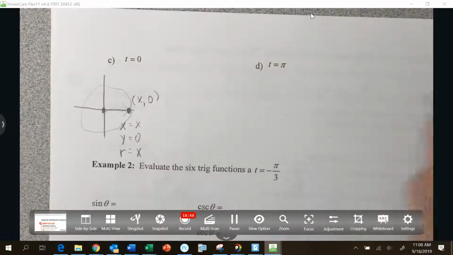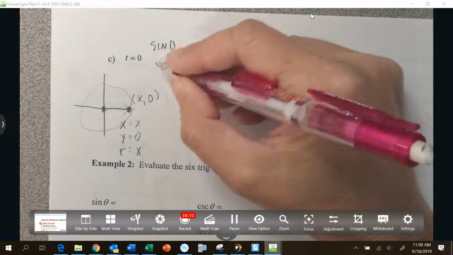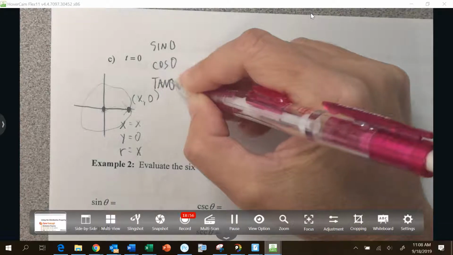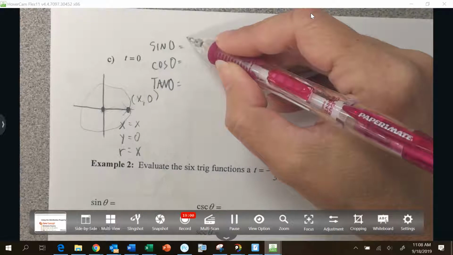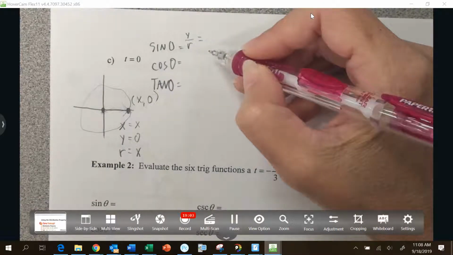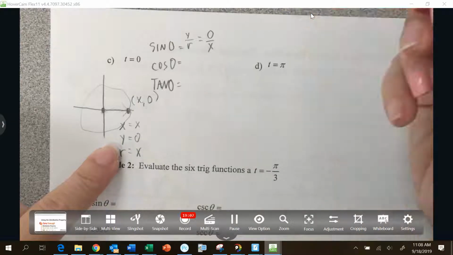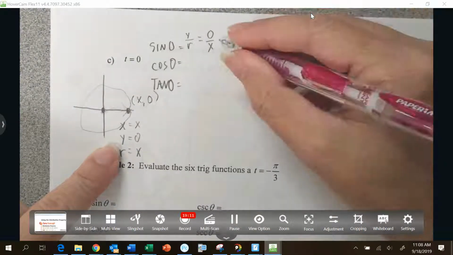I don't know. So when we go to do sine of 0, and we go to do cosine of 0, and we go to do tangent of 0, sine is y over r. My y value is 0. My r value is x. What's 0 divided by any number? 0.